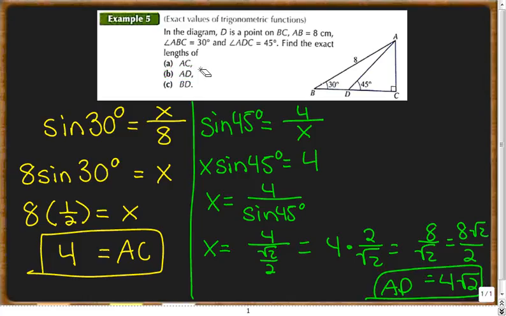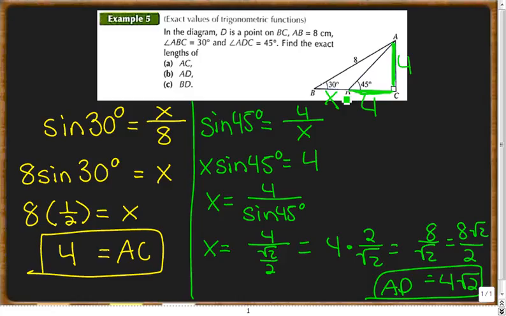Now the last part says we want BD, so we want this side only. What we know again is that because this is a 45, 90, 45 triangle, we can assume that the side right here is going to be 4, because we know that that's 4.